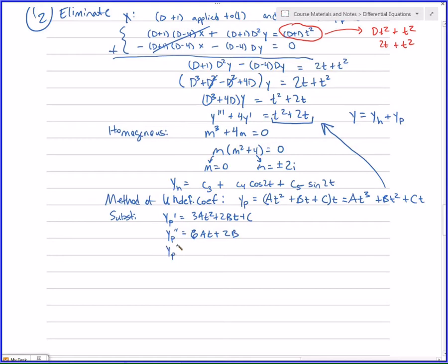And yp triple prime, which is 6a. Plugging it all in to here, we get 6a plus 4 times 3at squared plus 2bt plus c equals t squared plus 2t.